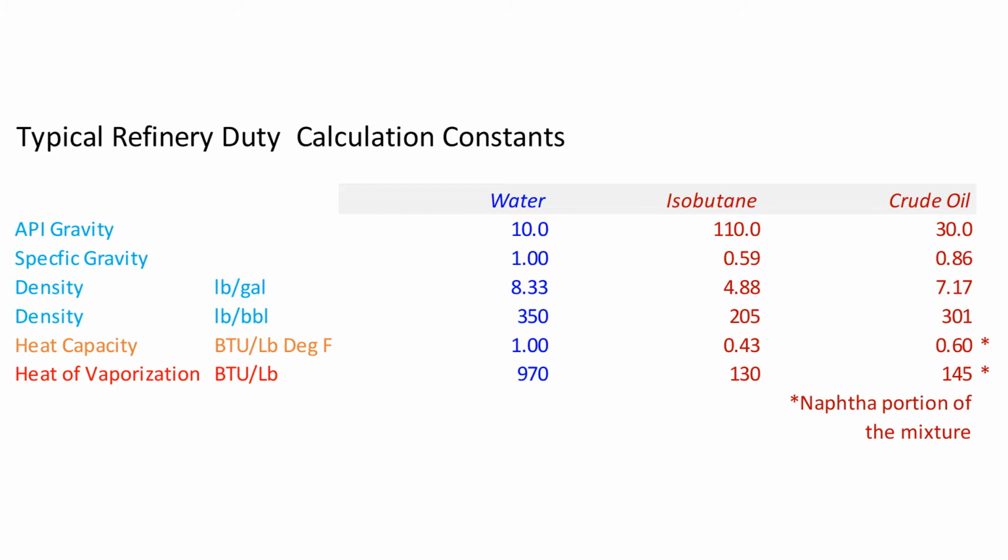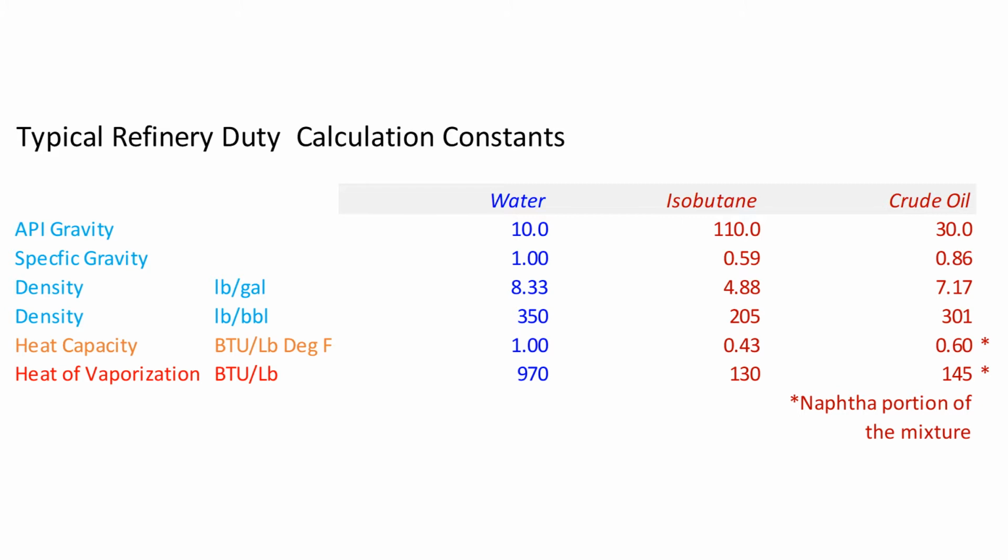So it takes only half as much heat to raise a pound of isobutane or a pound of a hydrocarbon to a higher temperature than it does of water. And it takes only about 1/6 as much heat to vaporize a pound of a hydrocarbon as it does to vaporize a pound of water.